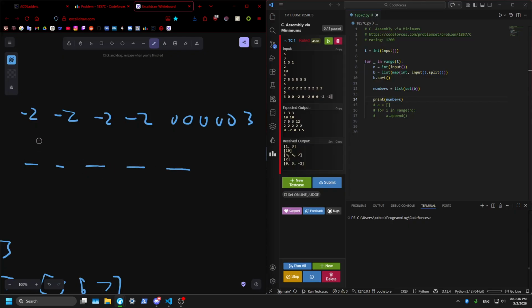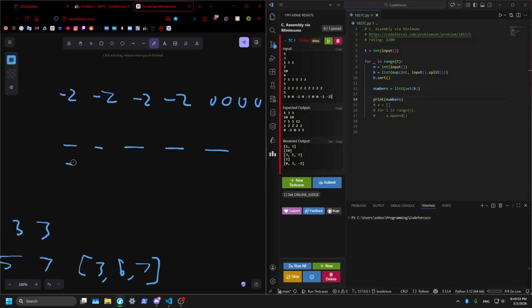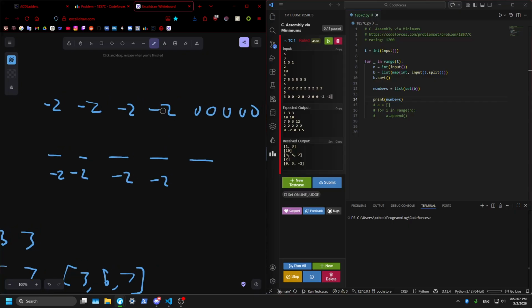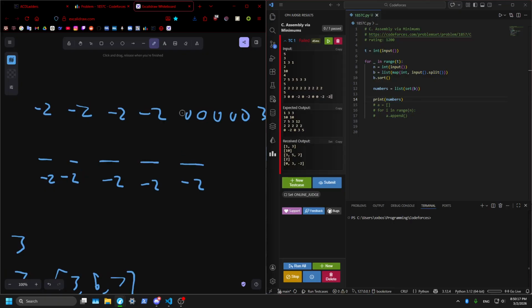So to make this between these two, one of these would have to have -2. So you're allowed -2 for this one, for this one, and for this one.